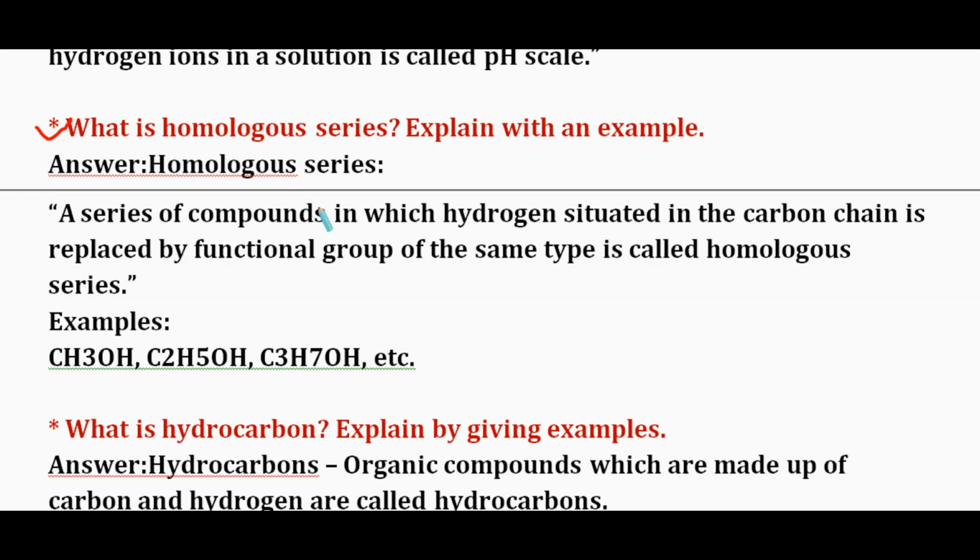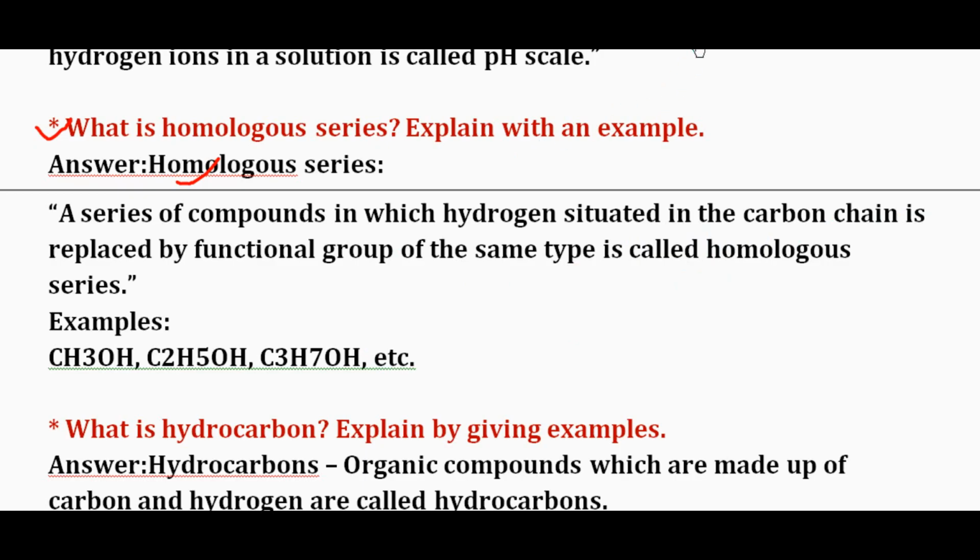What is homologous series? Explain with an example. Now see the homologous series. A series of compounds in which hydrogen situated in the carbon chain is replaced by a functional group of the same type is called homologous series.